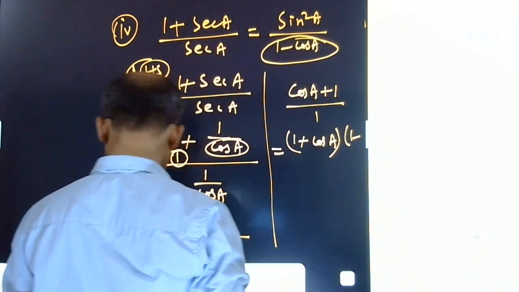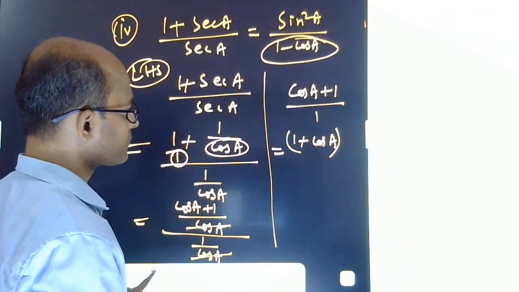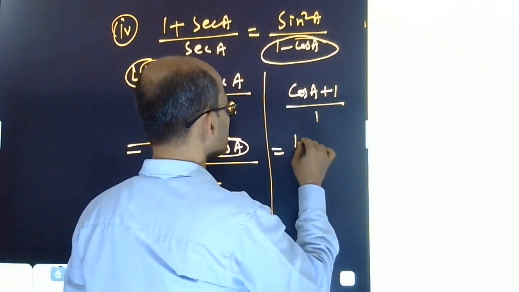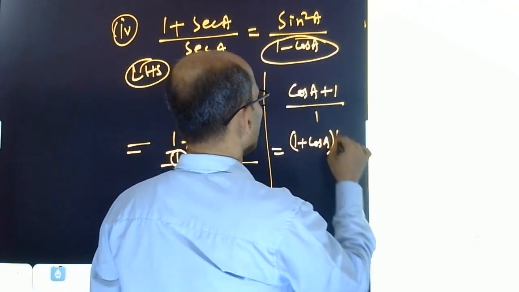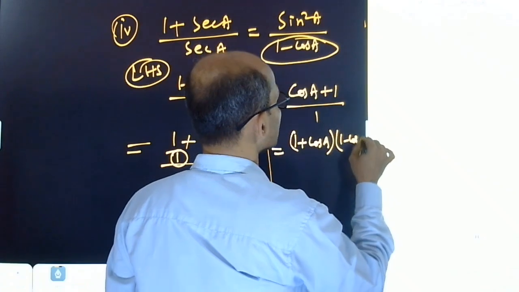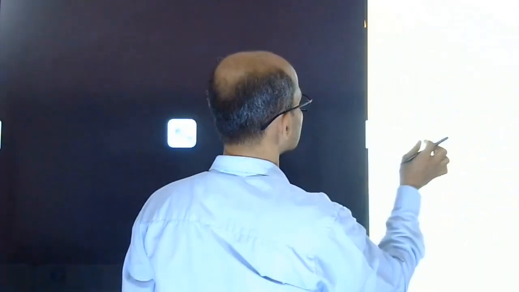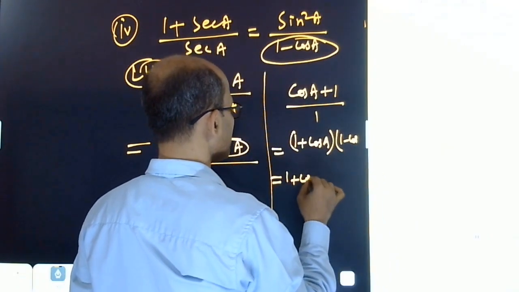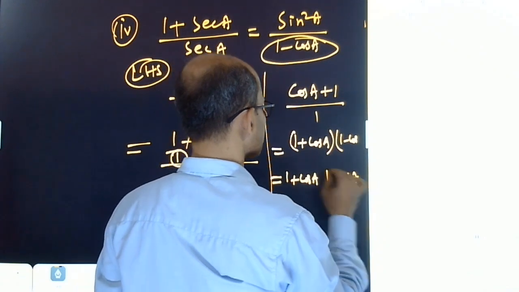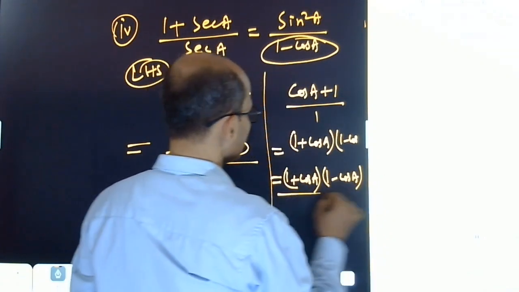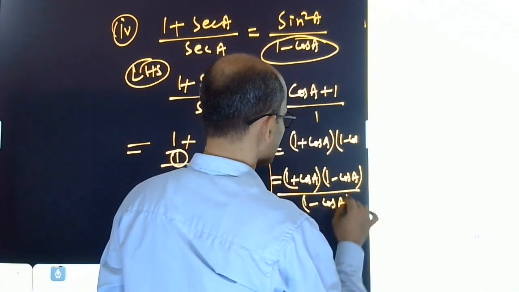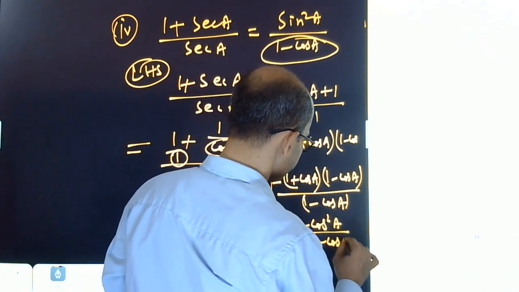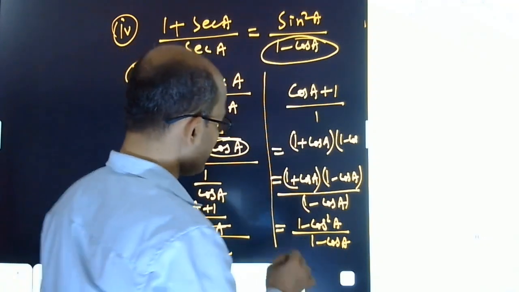I'm just going to write this again. Okay, 1 plus cos A, 1 minus cos A. This is written right now here, no problem, divided by 1 minus cos A. So what will be the value of 1 minus cos square A divided by 1 minus cos A? 1 minus cos square A will become how much?